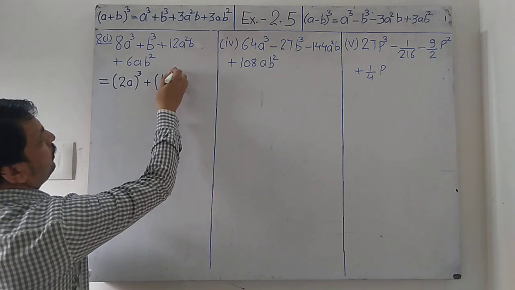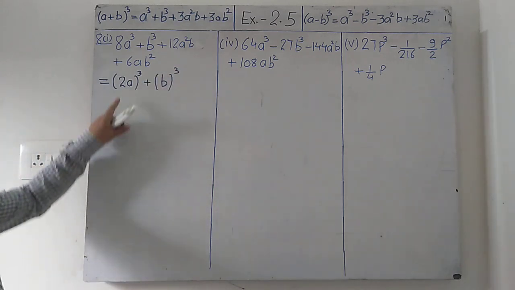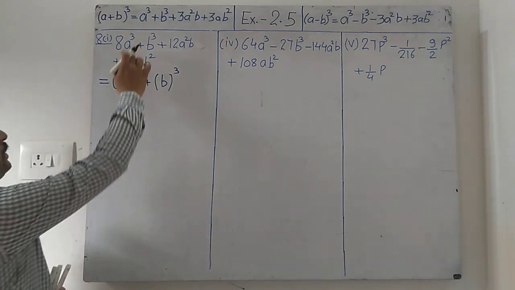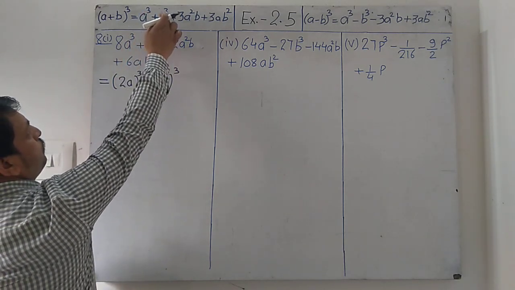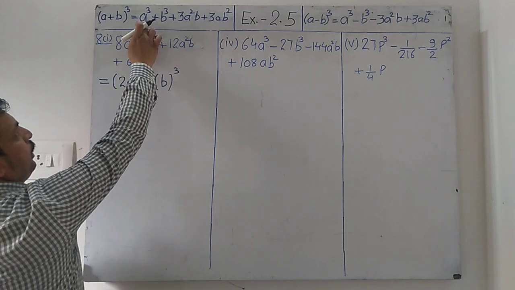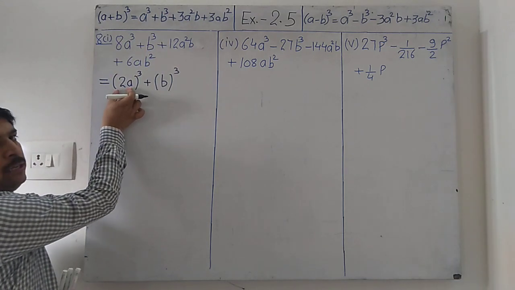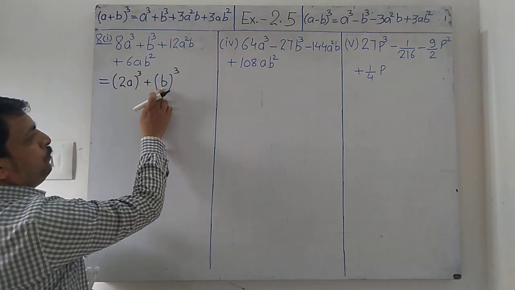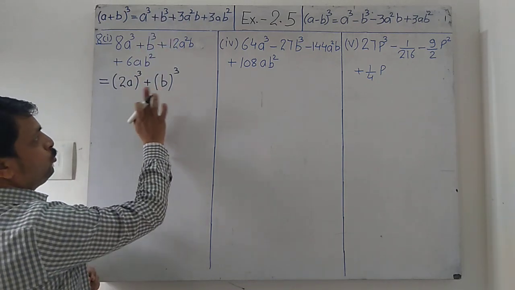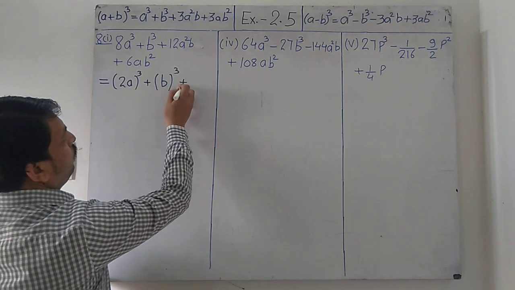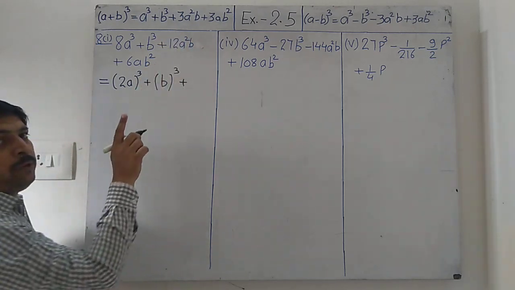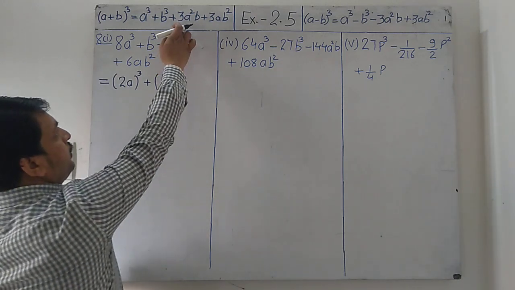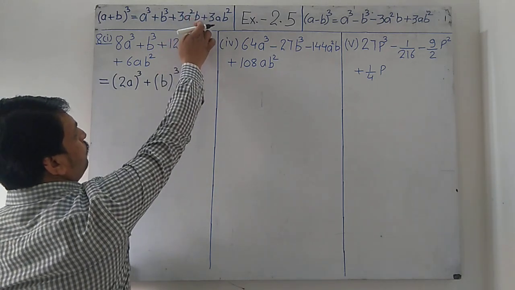In the identity a cube plus b cube, we can find the value of a. Here a is 2a, and b is b. Now we will see the next term in the identity, not in the question. What is the term? 3a square b.